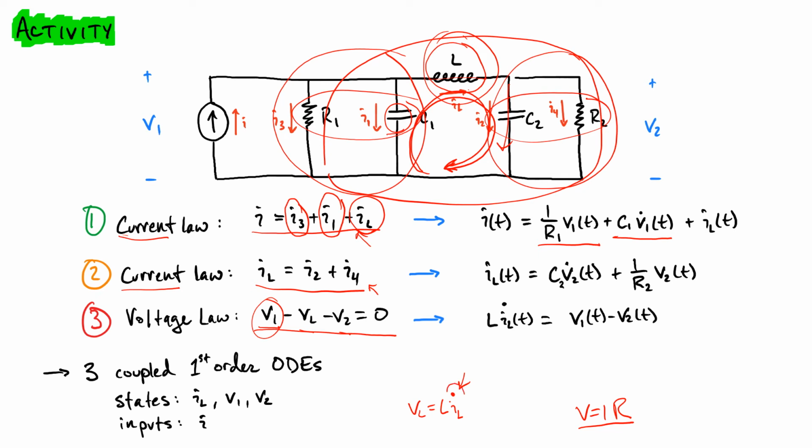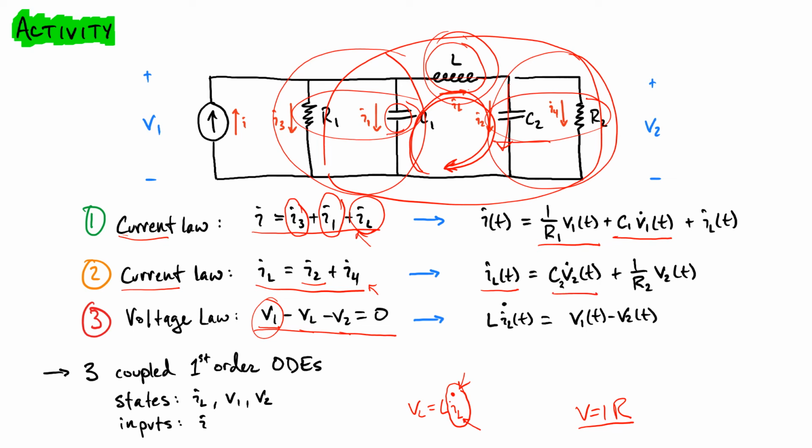Instead, we're interested in keeping it as a derivative and thinking about the element that has the derivative on it as the state. So in this case, we're going to keep IL there. In the second equation, we can also keep IL around and then substitute in for I2 for the capacitor.